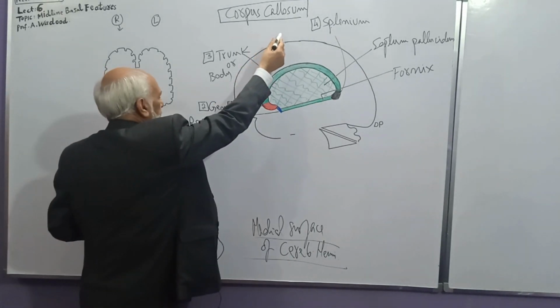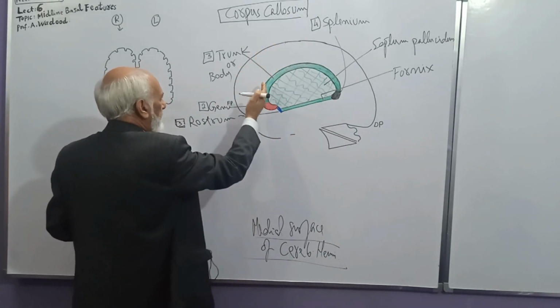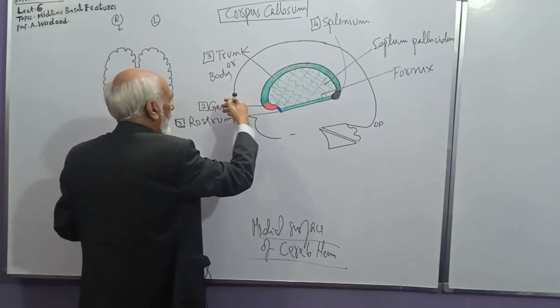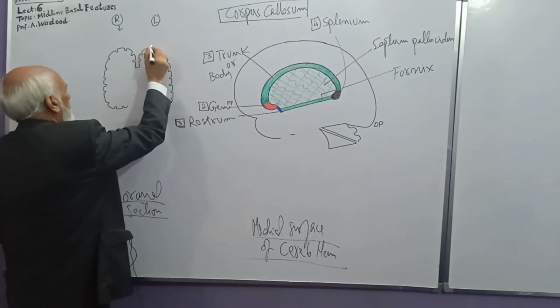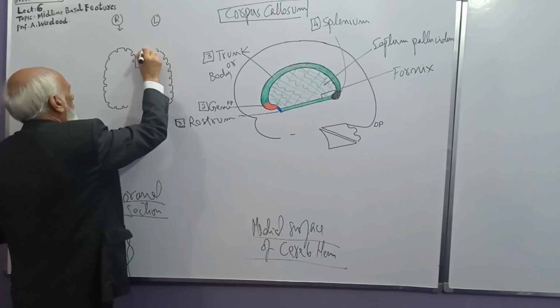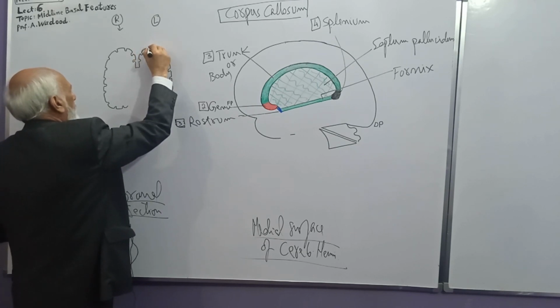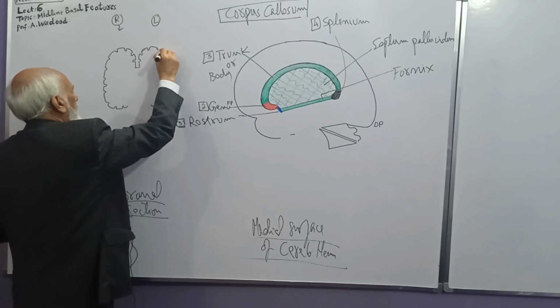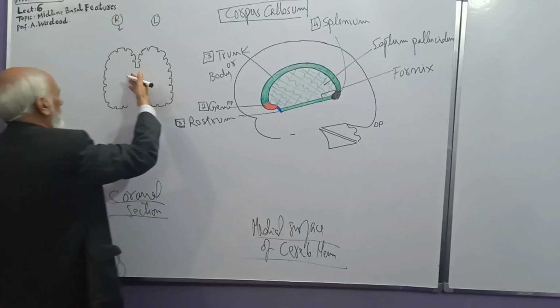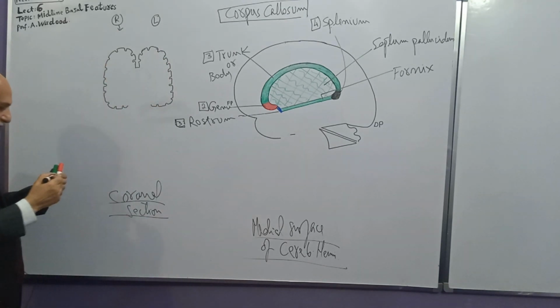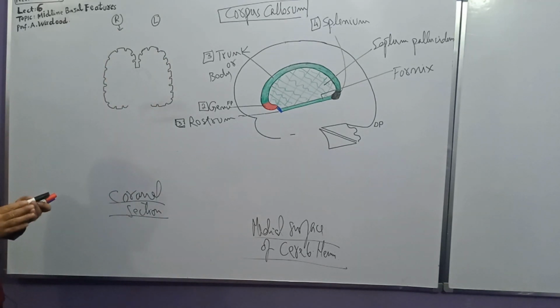Then the coronal section is like this, dividing the brain into anterior half and posterior half. So you can see this is the cut surface showing the coronal plane, showing the posterior half of the cut surface of the right and left cerebral hemisphere.